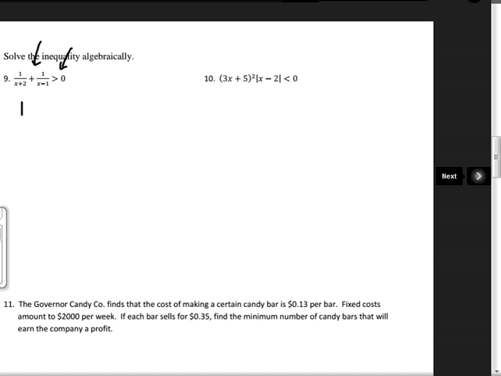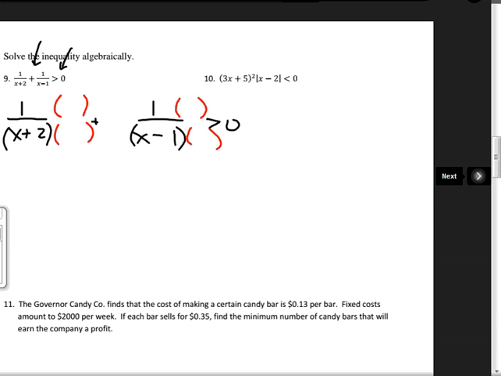So, common denominator. If I could get those to be a common denominator and get them down into one big fraction once I've added the two things together, then it's going to act like all the others. So you'd multiply to get a common denominator.